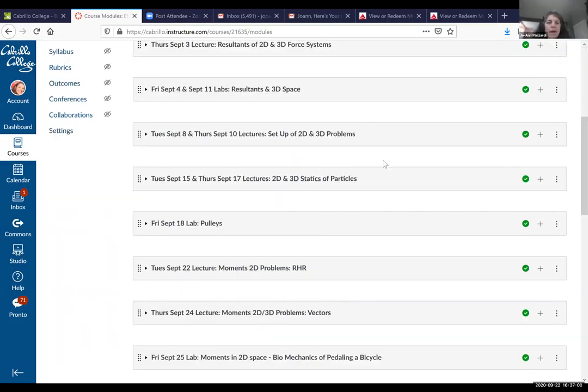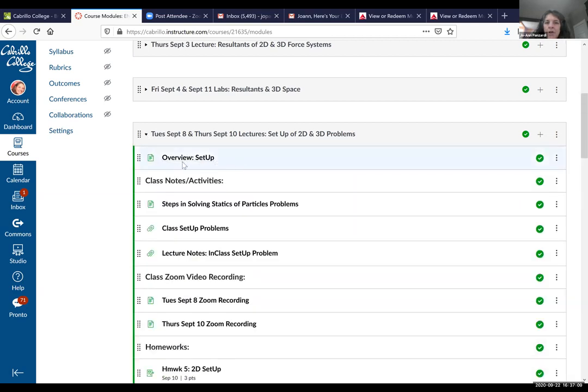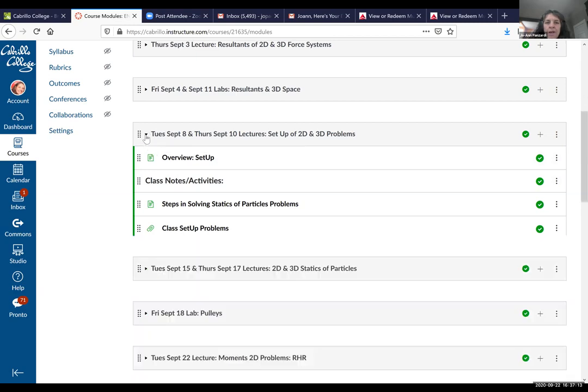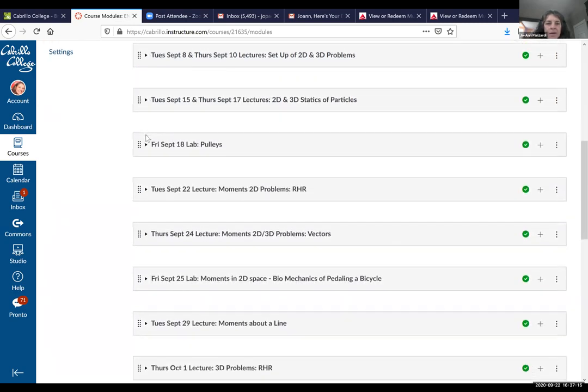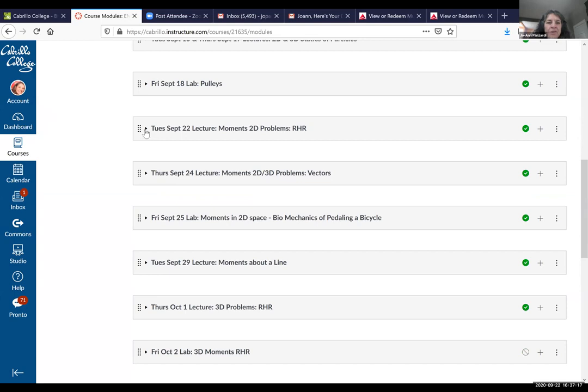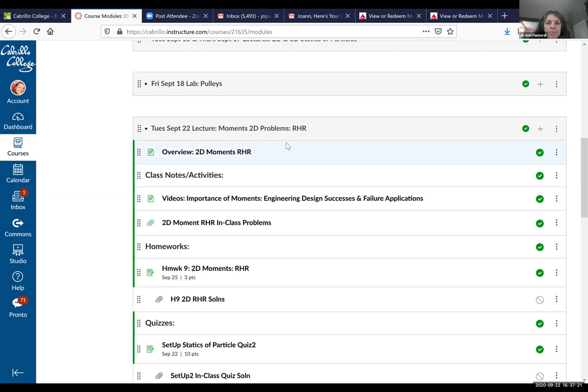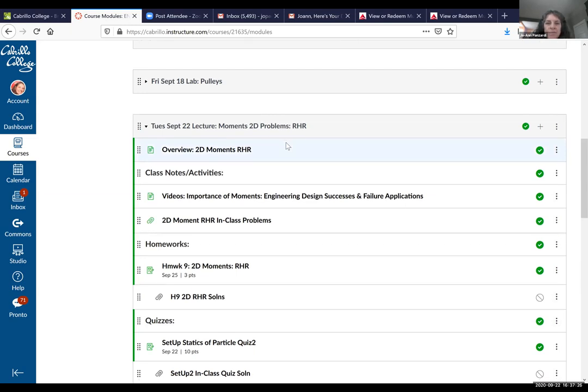Great. Okay, so you'll notice that in each module, there's always a little overview on what we're going to learn that day. I haven't pointed it out to you yet, but maybe you have found it anyway. It's kind of a summary of that module. We're moving on to moments in 2D space using the right-hand rule today.